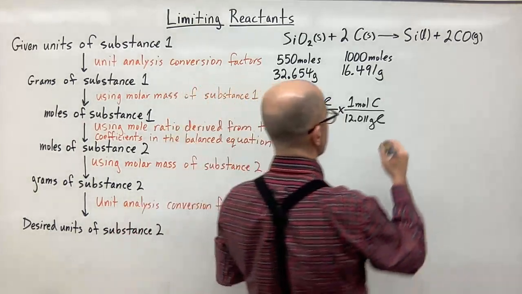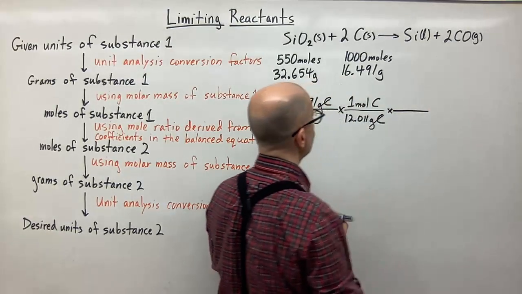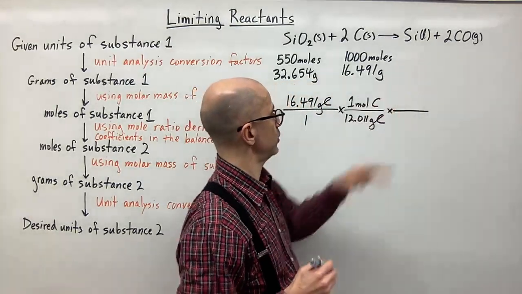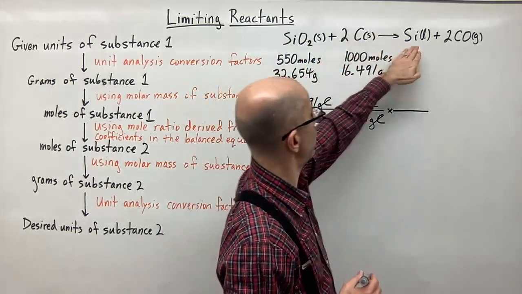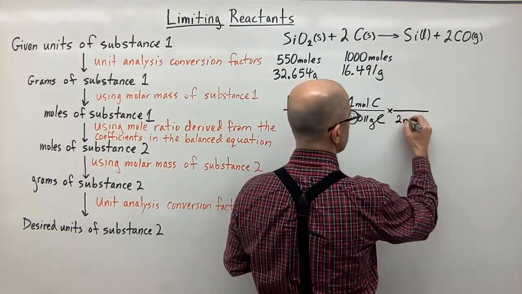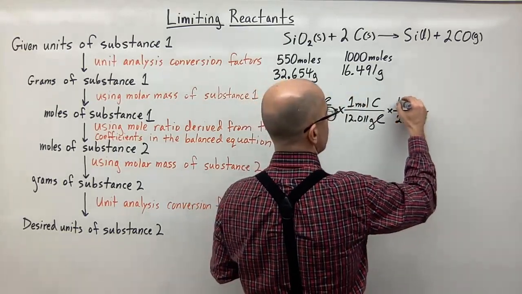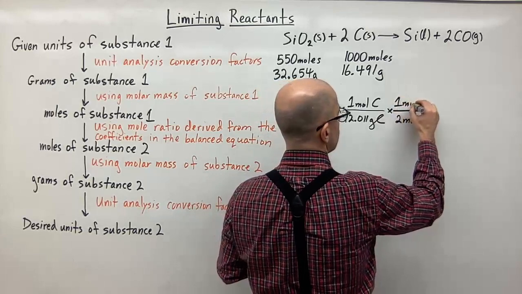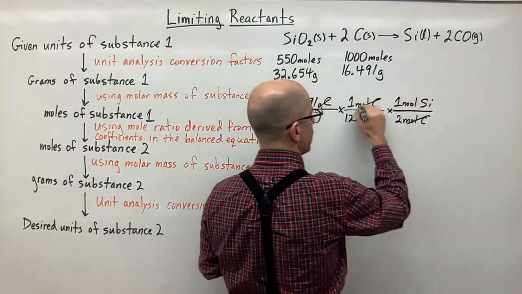Next step, I'm going to convert moles of carbon to moles of silicon. And again, it's a 2 moles to 1 mole ratio. So I've got 2 moles of carbon on the bottom, and I'm going to have 1 mole of Si on top. So moles of carbon cancel out.